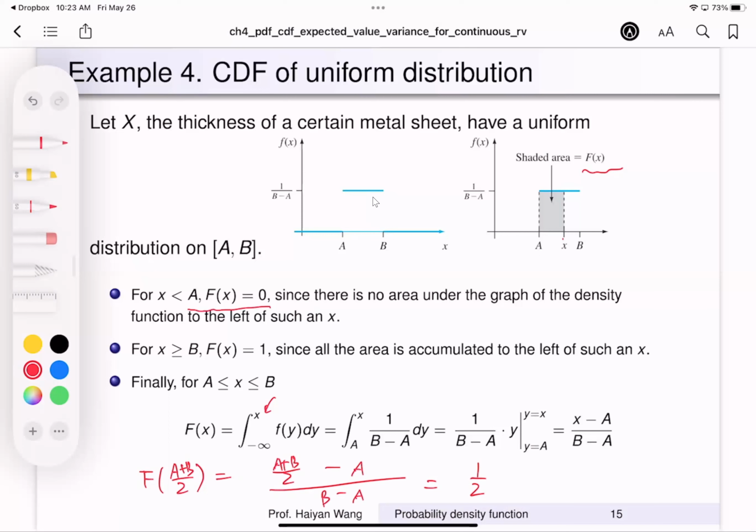So that's the uniform distribution's CDF. It's good to memorize this one. You just use the upper bound x minus lower bound a, divided by b minus a. This upper bound x is the one that we want to compute the probability up to, but x has to be within a and b.